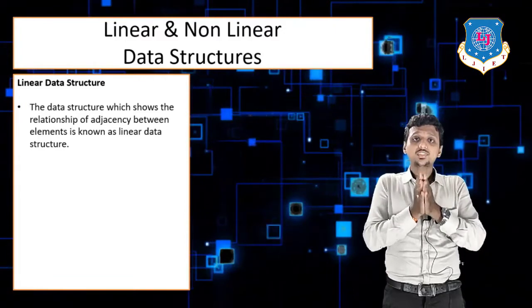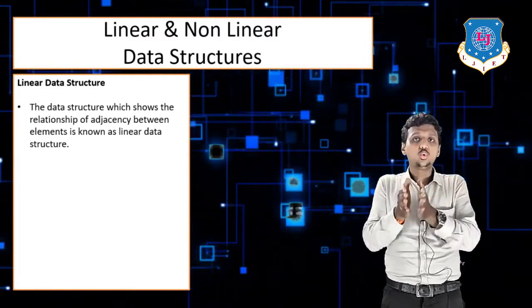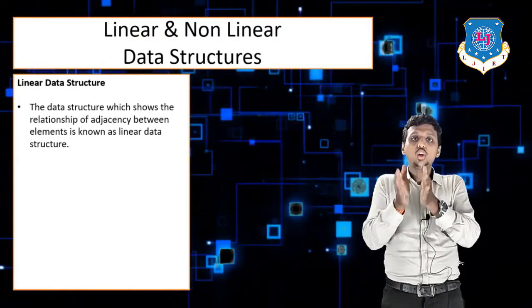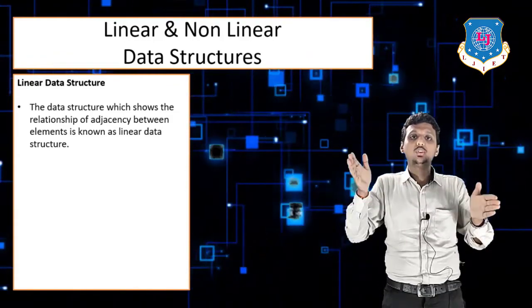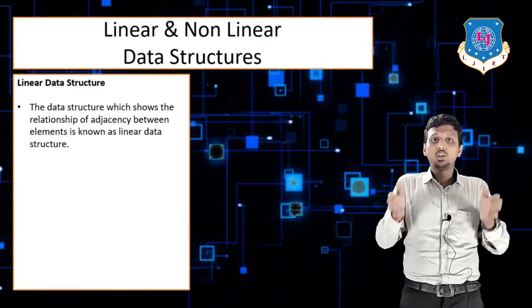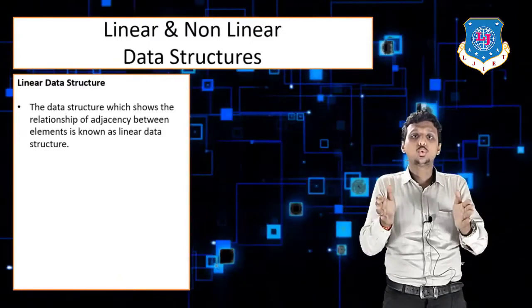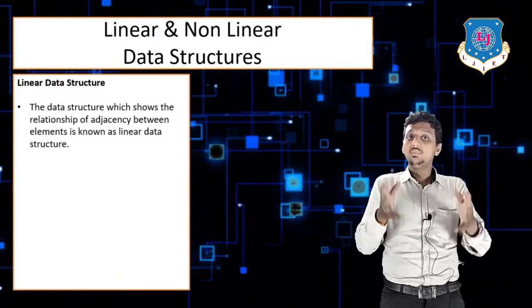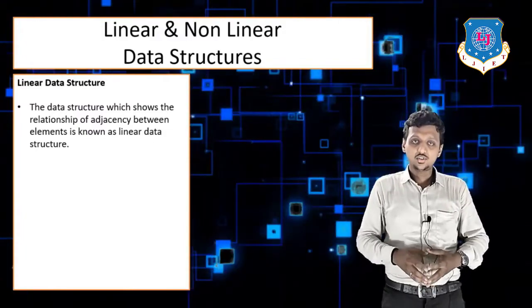Students, if you are taking 1, 2 and 3, then for 2, 1 and 3 are known as adjacent neighbors. So if the relationship of adjacency is shown in a sequential manner, then we can say it is a linear data structure.